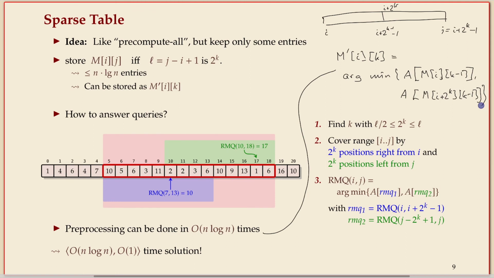The outer loop is over k, the inner loop is over I. So you can make sure that these two are both known when you want to compute the next one. So it's the same trick. We cover the range with two ranges we've already computed. So you use the same trick over and over again. Minima you can split over different ranges and then reduce it to the minimum of two minima.